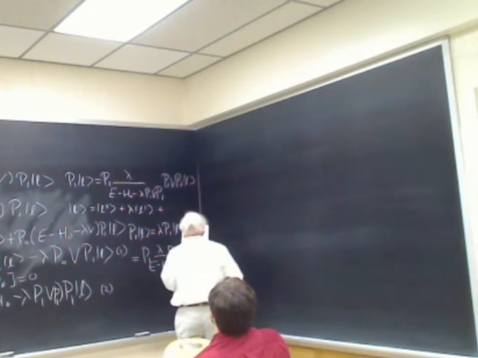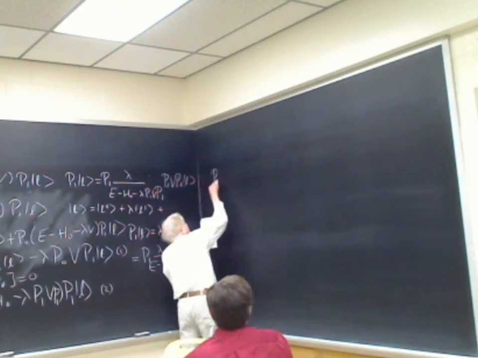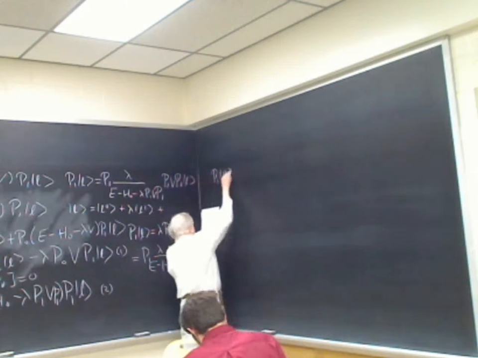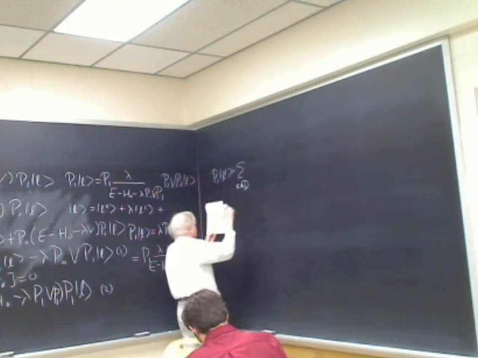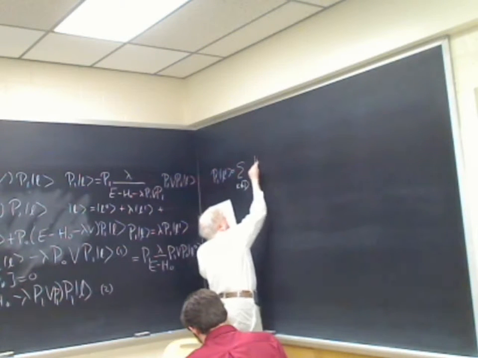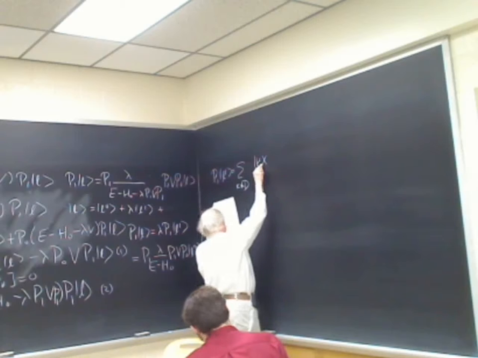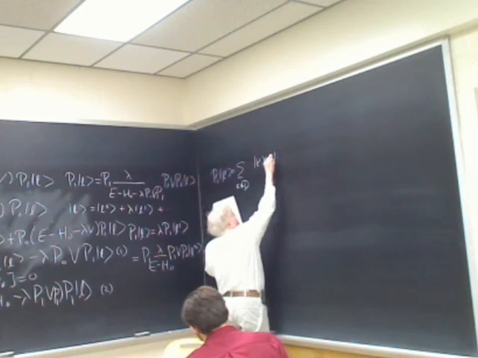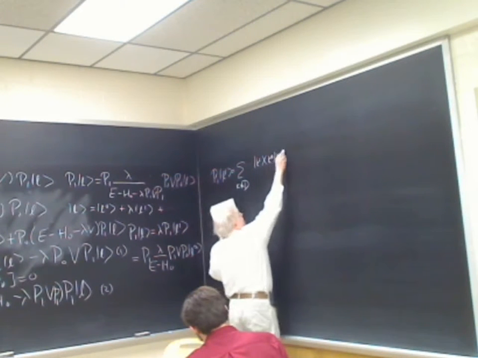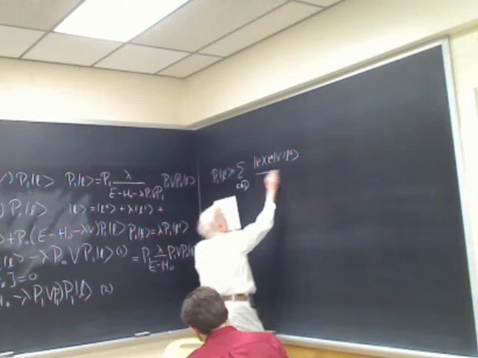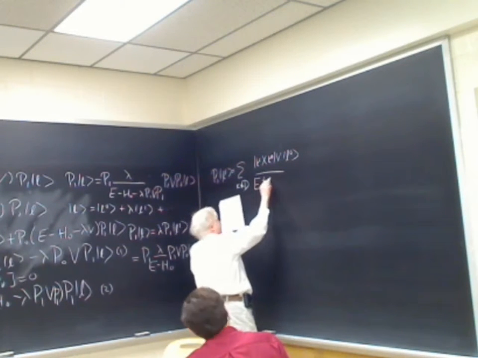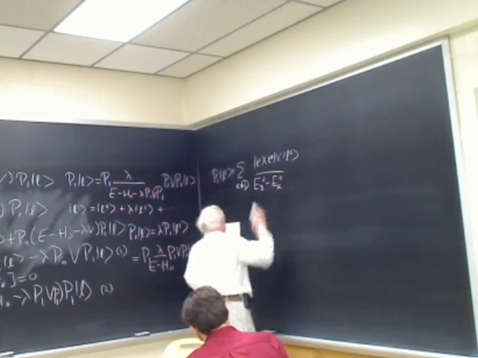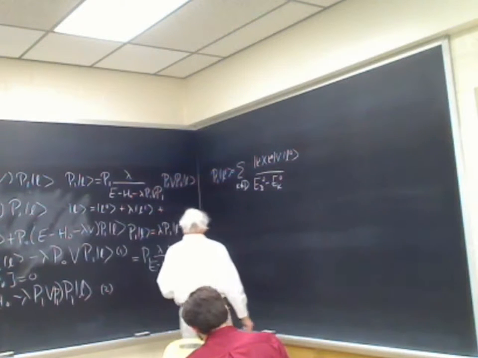So more simply then, we've got that P1 L1 is the sum over K not in this degenerate energy level, K0, of K0 V L0 over ED0 minus E K0.